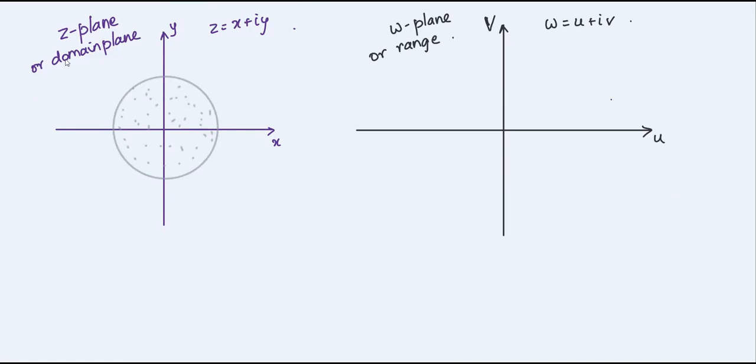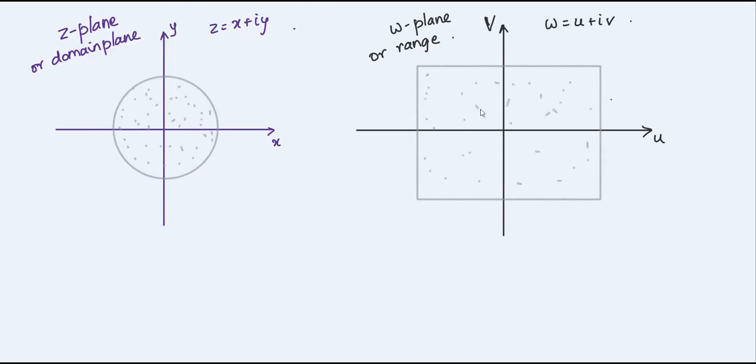Now let us say it is such that this circle gets converted to a rectangle. Now W takes all values within this region.